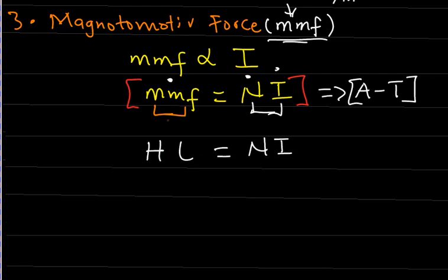Magnetomotive force is given as the work that is done in establishing a flux. I won't say moving a flux, because flux is not like current that moves, but flux is being established. So the work that is done in establishing a flux around a magnetic circuit is magnetomotive force.